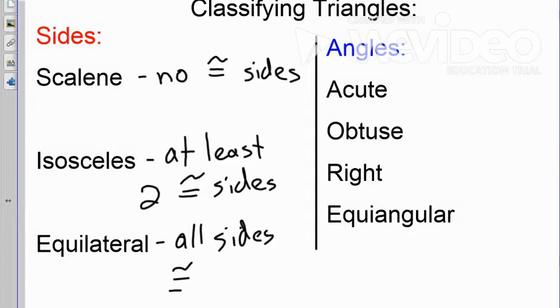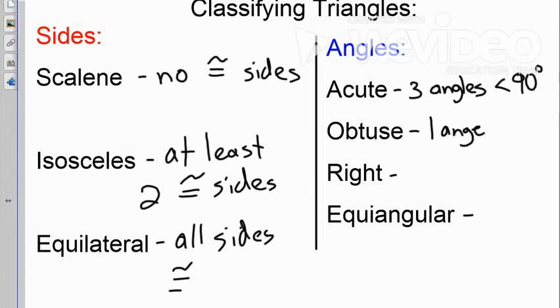Now, when we talk about angles of triangles, okay, an acute triangle has three angles less than 90 degrees. So that means all three angles are less than 90 degrees. An obtuse triangle has one angle that is greater than 90 degrees. Okay?